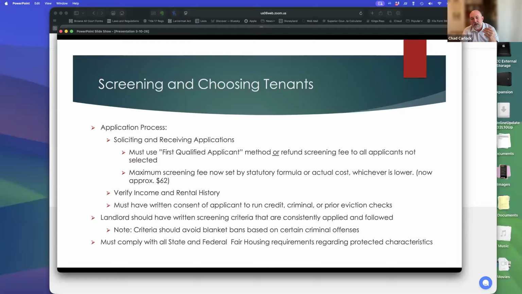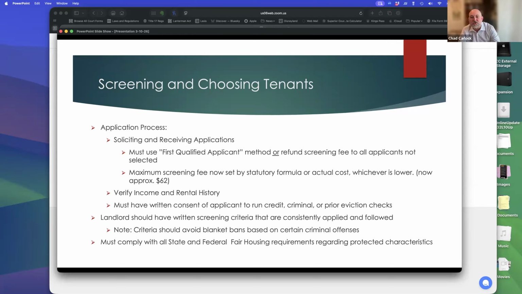And it varies from place to place in California because the CPI calculation is different in different areas. There's a state website that you can go to find out what that is. Usually, if you have actual costs, that's probably going to be lower. So you want to go with that.